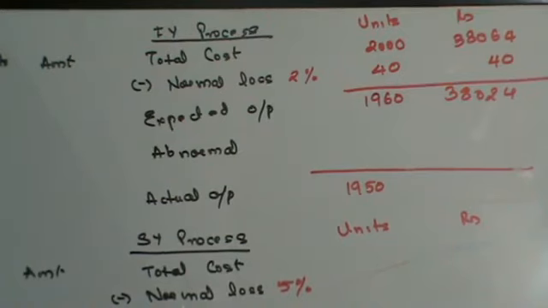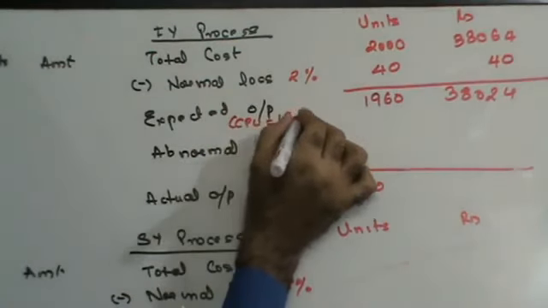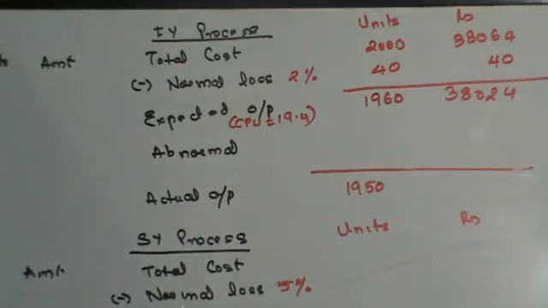Right? Now first thing that you need to do is get your CPU. How do you get your CPU? 38,024 divided by 1960 will give you 19.4. Now, you are expecting an output of 1,960 units, whereas the actual output is 1,950 units.